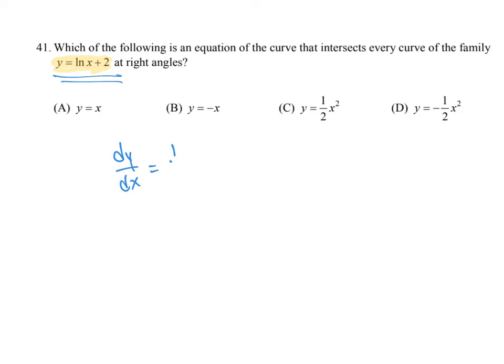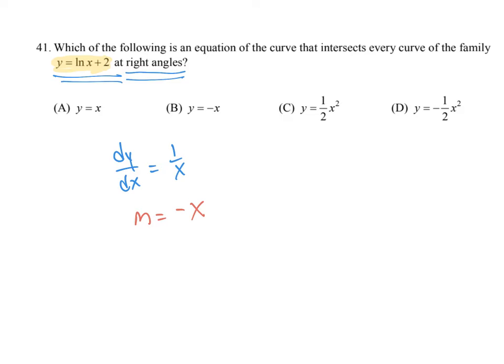The derivative here is 1 over x. So these are the tangents. We are looking for the lines that intersect at right angles. Those are called the normal lines, and they are perpendicular to the tangent. So what I need is the opposite reciprocal for my slope. So that would be negative x.